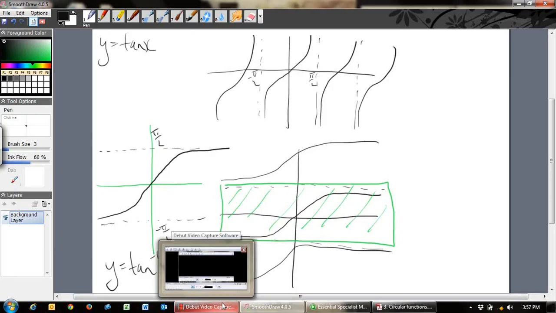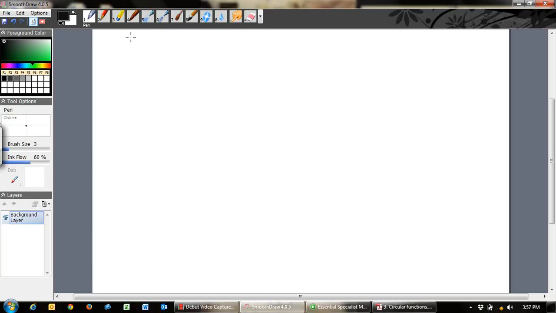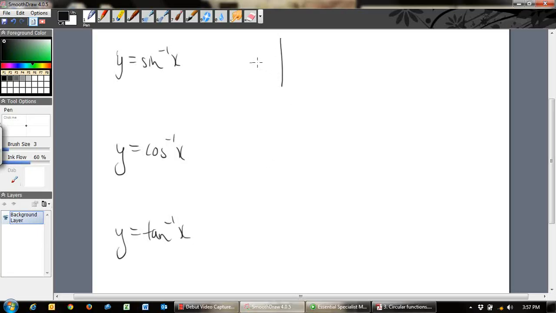Just to summarize, we've got y equals sin -1 x, y equals cos -1 x, y equals tan -1 x. So sin -1 x looks like this. It has a domain that goes from -1 up to 1, and the range goes from negative pi on 2 to pi on 2.